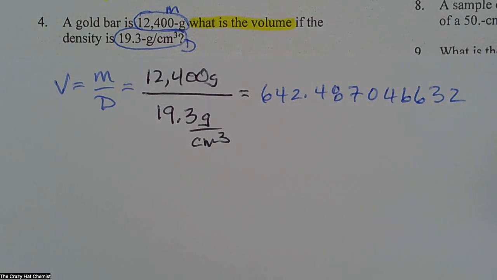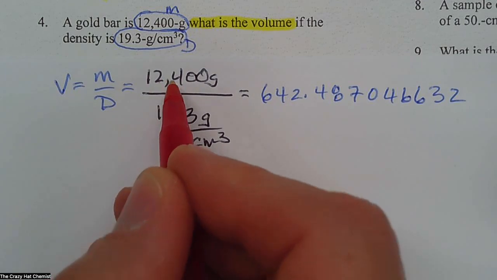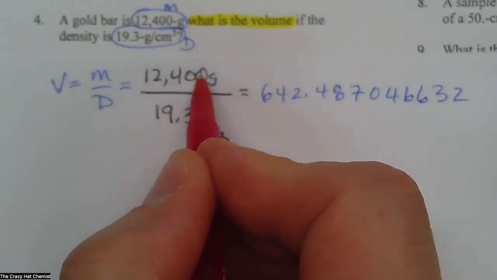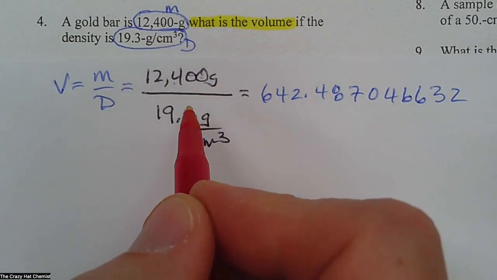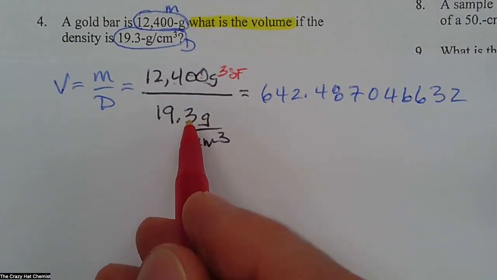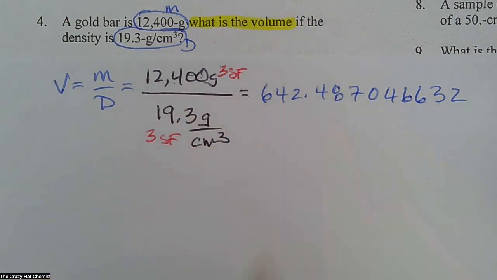So now what we need to do is figure out how many significant figures. So the 1, the 2, and the 4 count, but the 2 zeros that are trailing don't count because there's no decimal in the number. So this has 3 significant figures, and this is a 1, a 9, and a 3, and they all count, so that's 3 significant figures. So I have 3 significant figures on every part of this one.